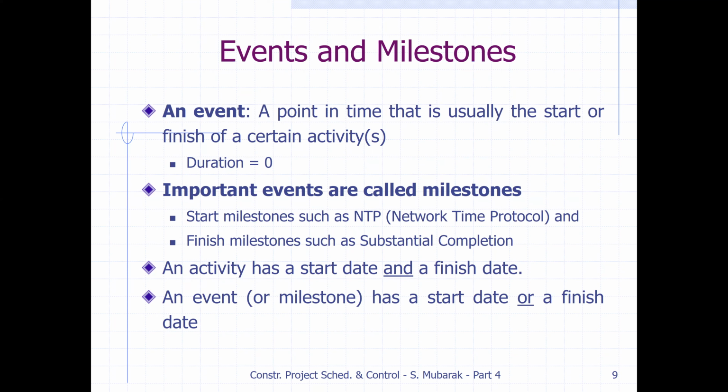Important events are sometimes called milestones. We put milestones in the schedule, like a start milestone such as NTP, and a finish milestone such as substantial completion. When will be the substantial completion of the project? This will be a milestone.